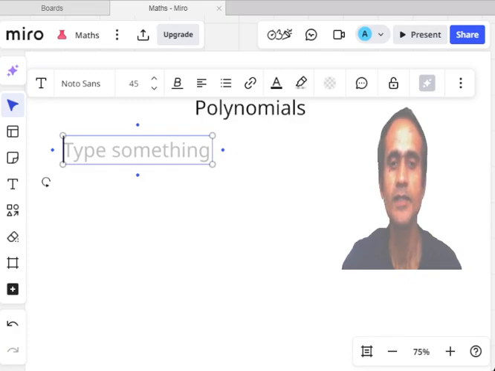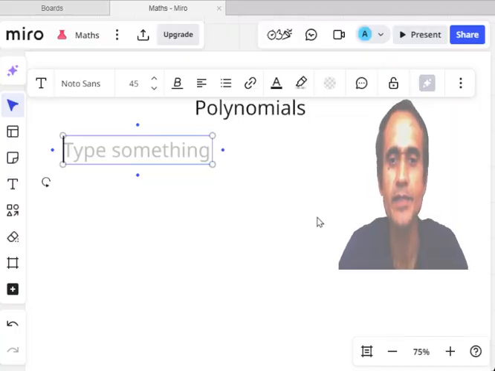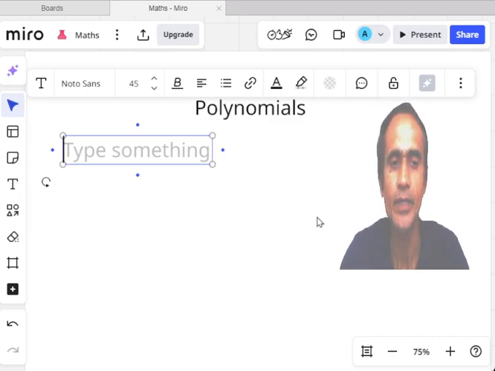Hello students, in this chapter on polynomials of class 10th mathematics, we are going to study about polynomials and what are the zeros of the polynomials. And what does zero mean geometrically, that is, if we draw a polynomial on a graph, then what does zero mean?